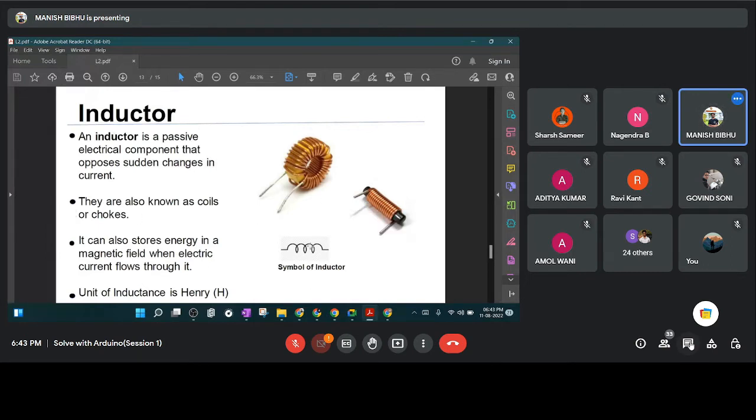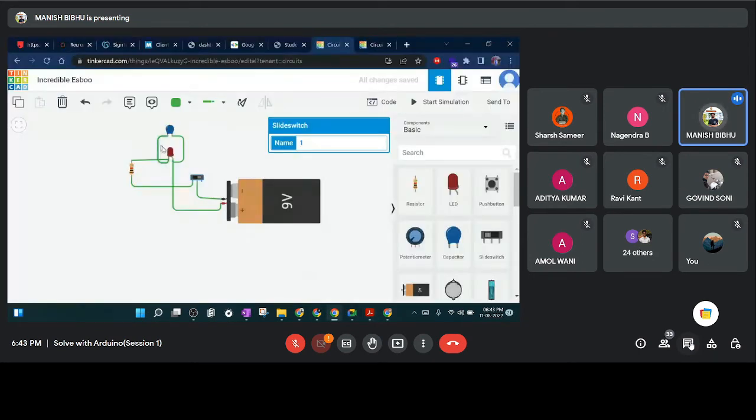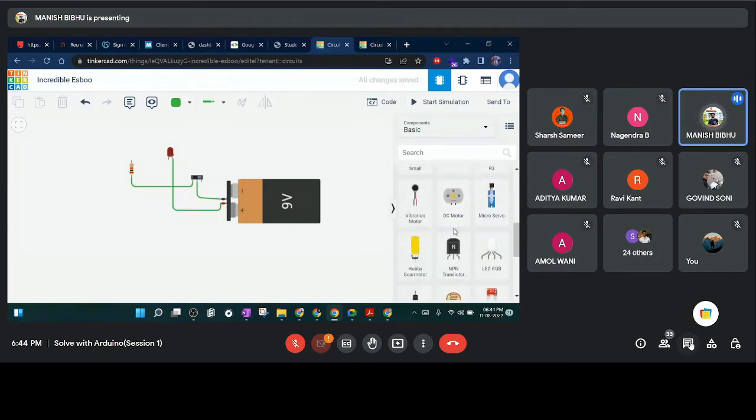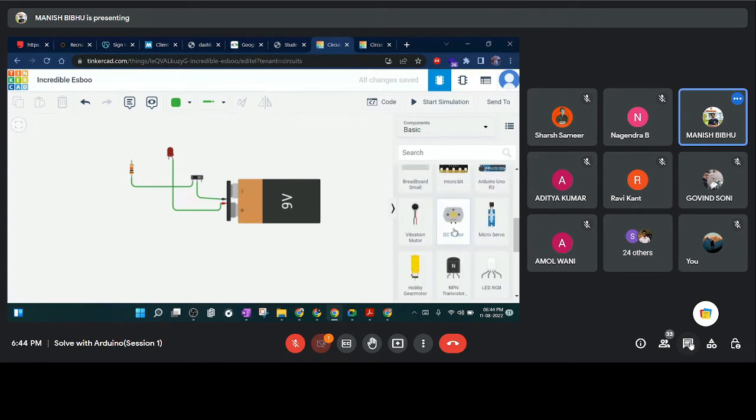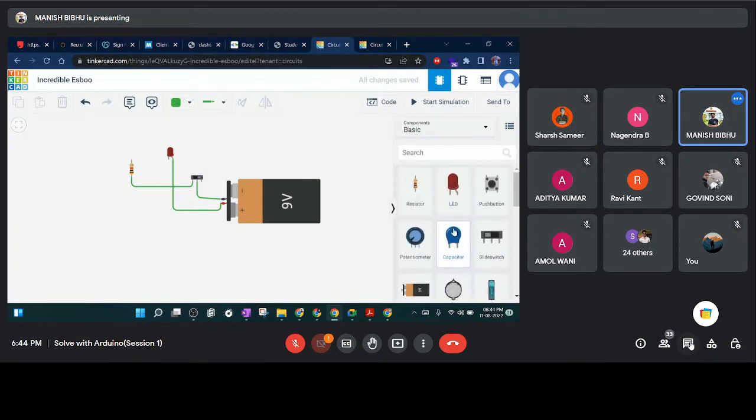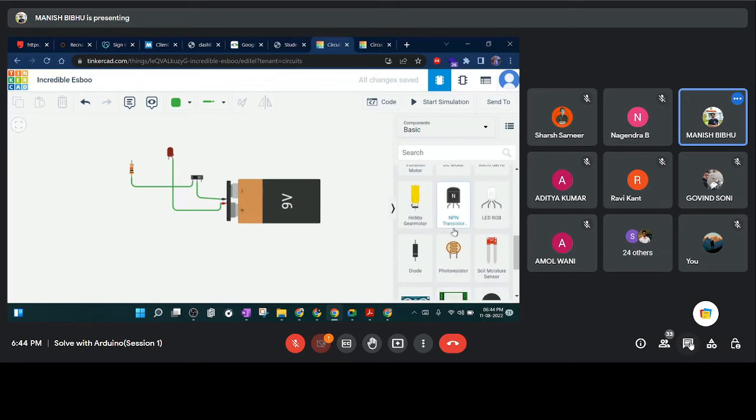So move to the next part, the inductor. The inductor is also used for a similar concept, to protect the device from sudden change of current. The capacitor protects the device from sudden switching of the component, but the inductor is used for sudden change of current.